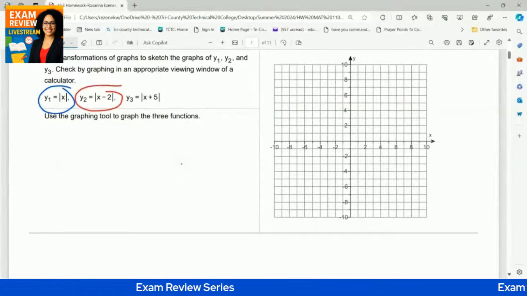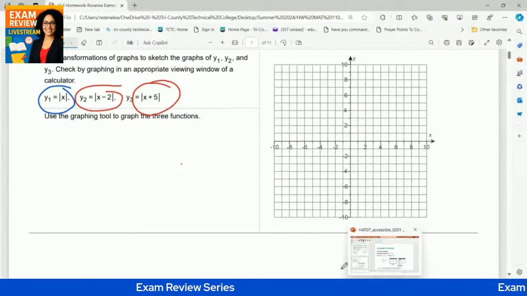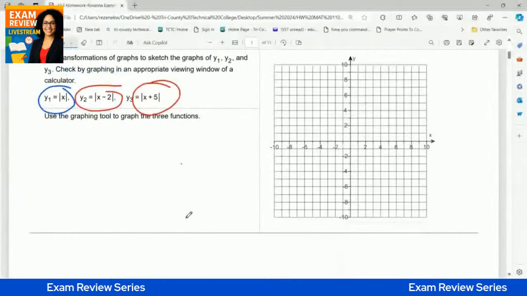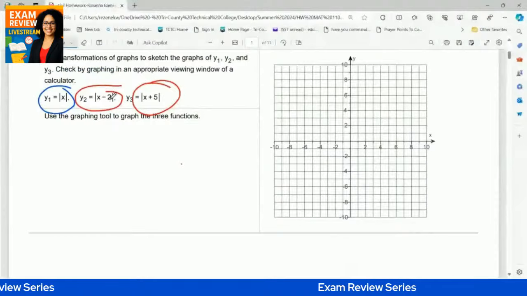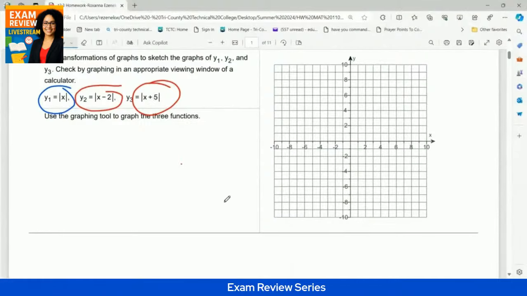And this is another horizontal translation. If we graph it, we'll see that x minus 2 is 2 units to the right. X plus 5 is going to be 5 units to the left. So this is horizontal translation, and you can put it in there, or we're just going to do one.